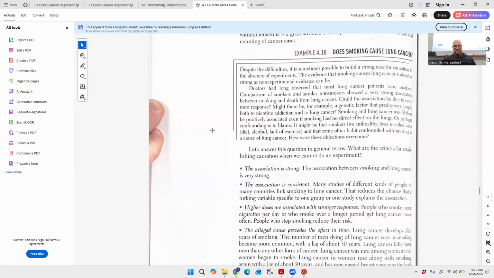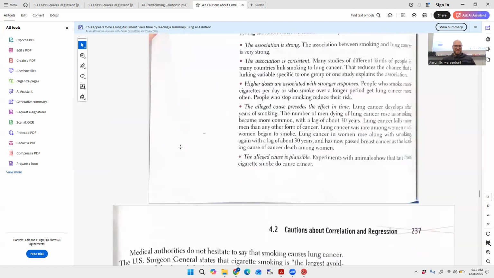The alleged cause precedes the effect by a predictable time. In men, lung cancer rates went up about 30 years after smoking became popular in men. Smoking became popular in women like 20 years later, and lung cancer rates went up 20 years later for women.